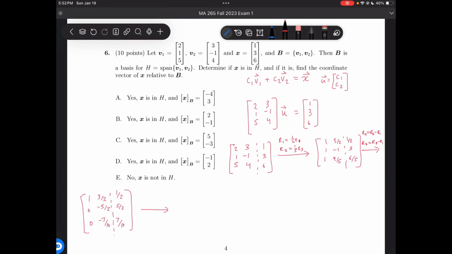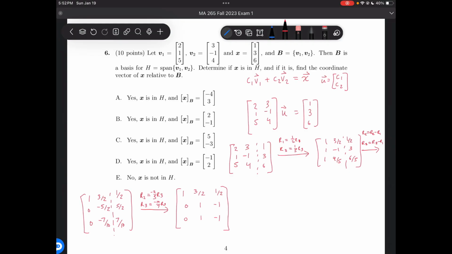Then I'll multiply row 2 by negative 2/5, and row 3 by negative 10/7. One, negative 1, 0, 1, negative 1.